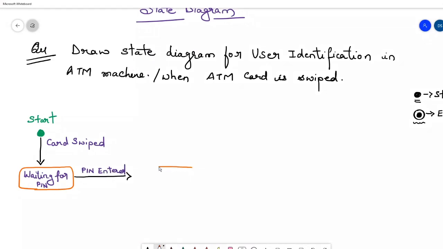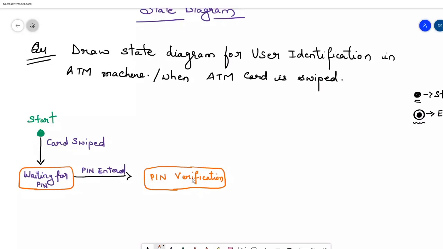The state would be pin verification. Okay, so when pin is entered, pin verification is done.